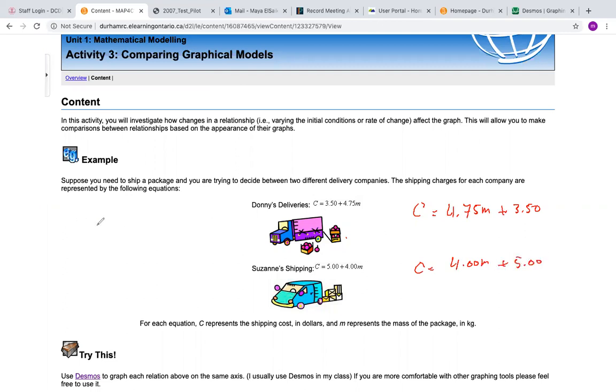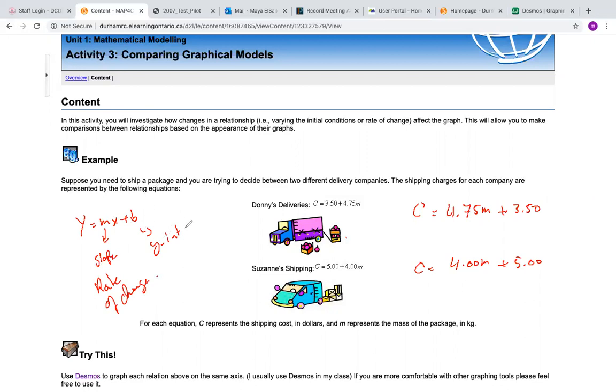So if you recall, this is a linear function. With linear functions, we have y equals mx plus b, where m is the slope of the line and b is the y-intercept. Slope means rate of change, which we covered in the previous lesson.